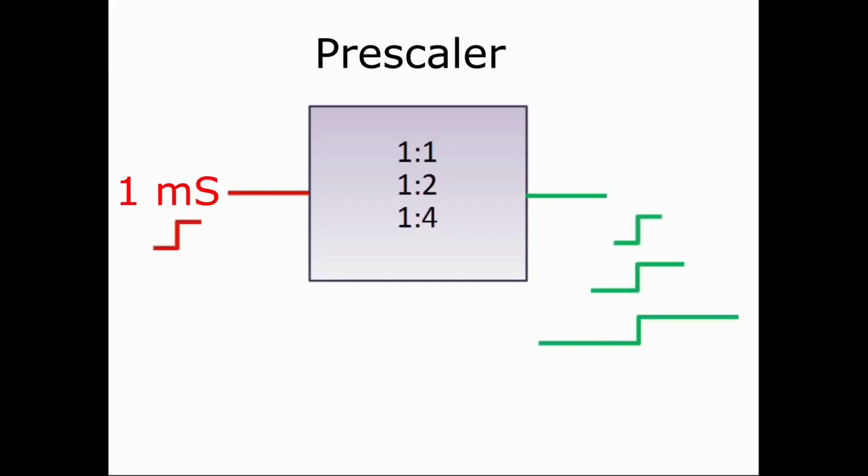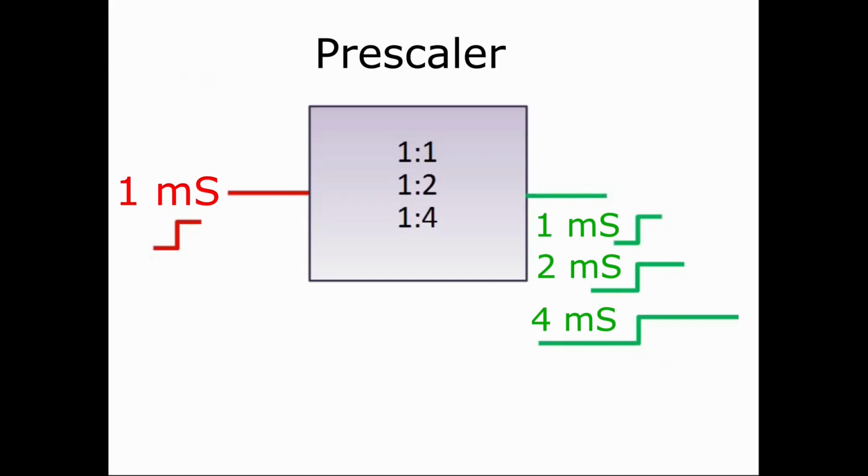If we input a 1 millisecond clock to the prescaler, we can have a 1 millisecond, 2 millisecond, or 4 millisecond clock come out as output and increment the counter. So we've raised the number of delay options to 3. Doing simple math, we can have an overflow time of 8 milliseconds, 16 milliseconds, or 32 milliseconds.